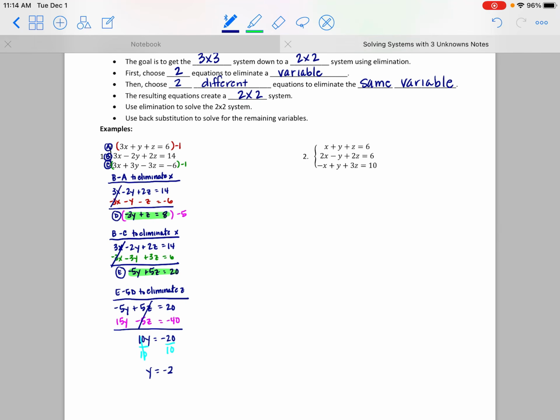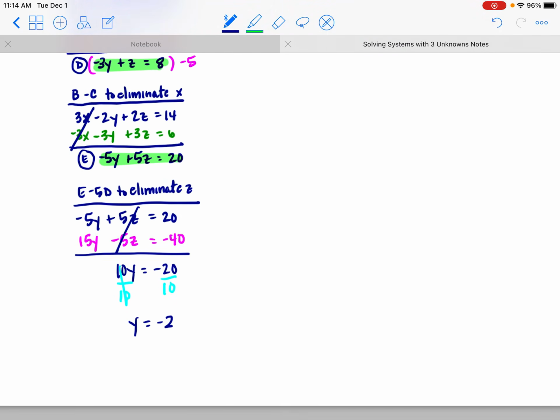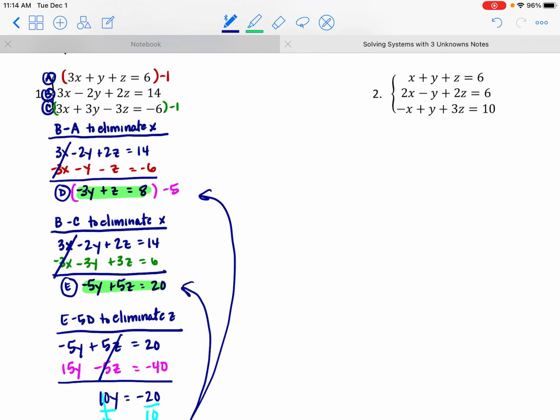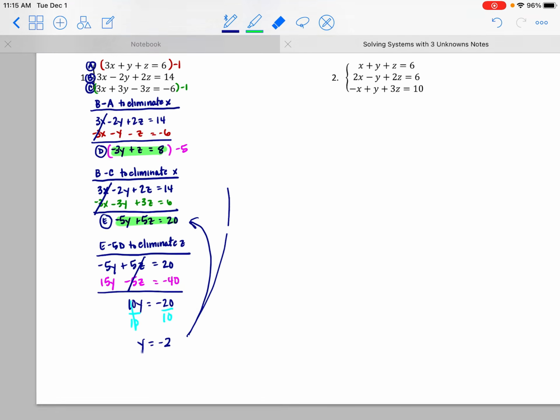So now I use back substitution to solve. Now that I have a value for y, I can plug back into either d or e to figure out z, and then once I have y and z, I can plug into either a, b, or c to figure out x. So it's back substitution.